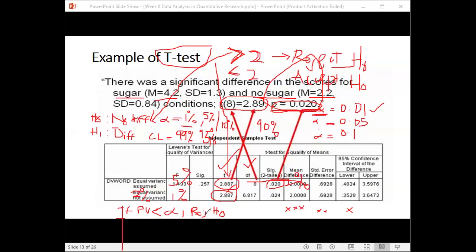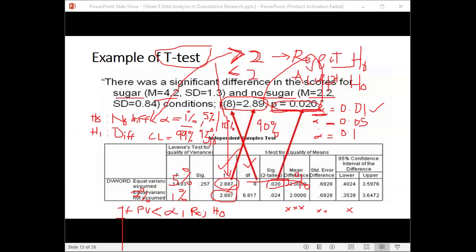Followed by 5% and followed by 10%. Okay, so we are telling the story of, am I going to take the null hypothesis or am I going to take the alternative hypothesis? I'm only going to be able to know this if I compare my level of significance. That is the room that I want to give for errors. 1%, 5%, or 10%. I'm comparing that with the p-value that the table has given me.